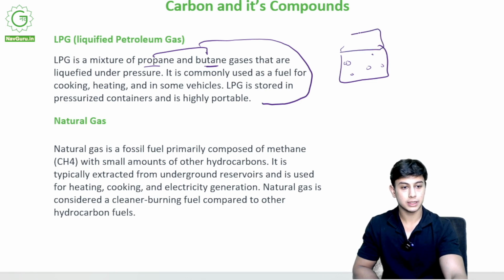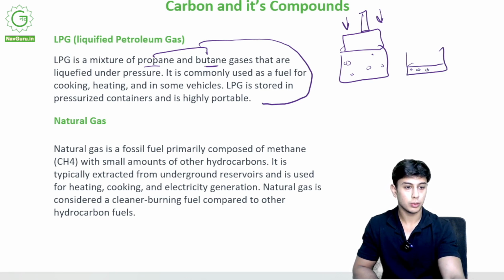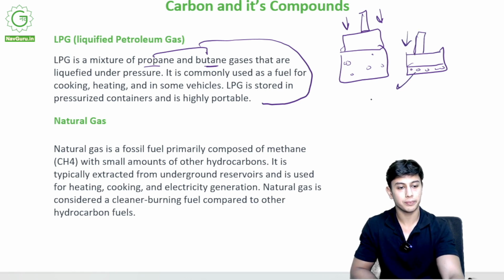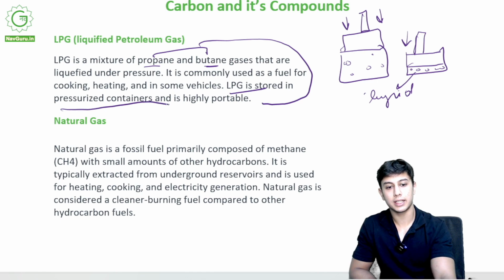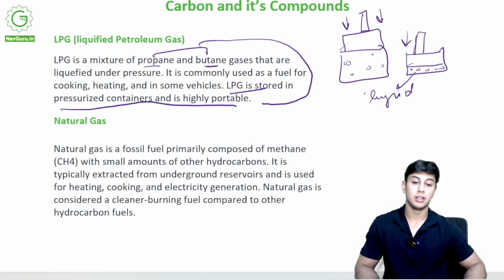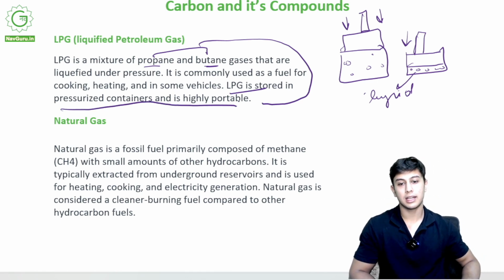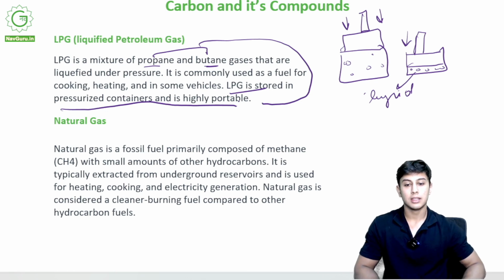I put some pressure over here and this is now liquefied. Liquid. LPG is stored in pressurized containers and is highly portable. The gas cylinders that you get at home have LPG.